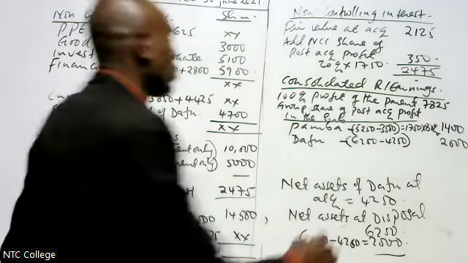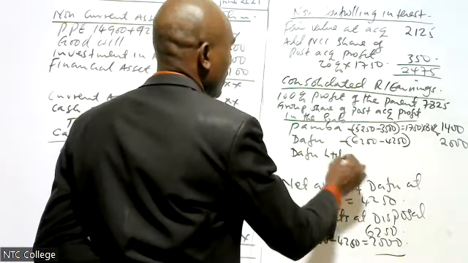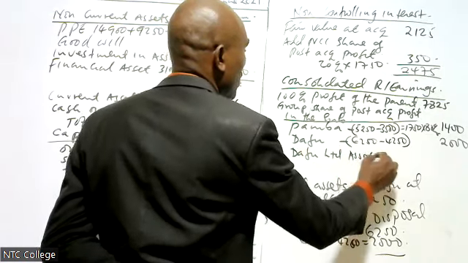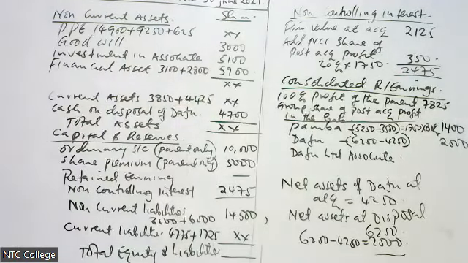Then I also add DAF Limited as an associate. When it is an associate, how much is the profit? We already did that when we were looking for investment in associate.